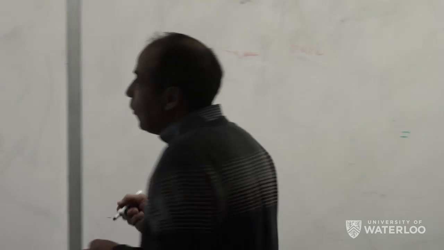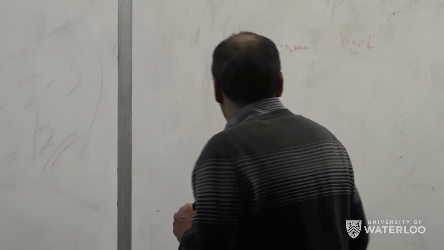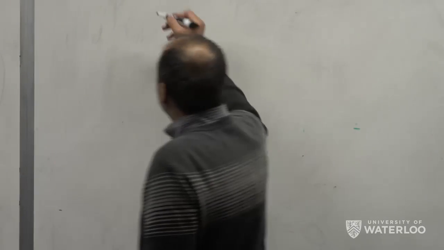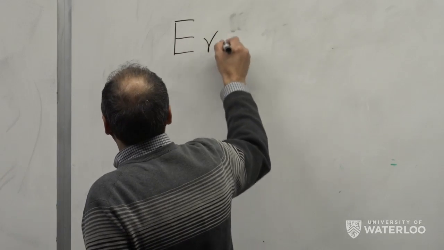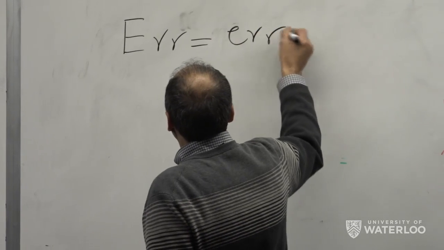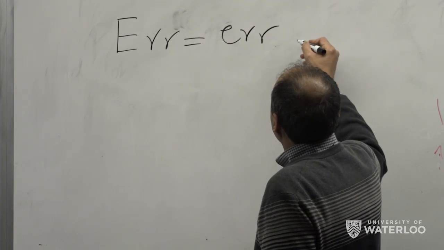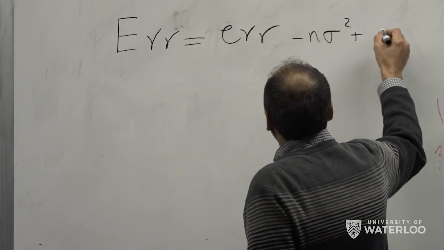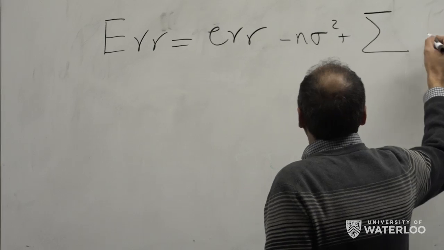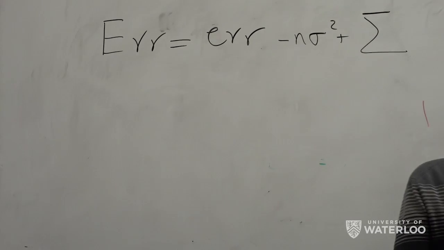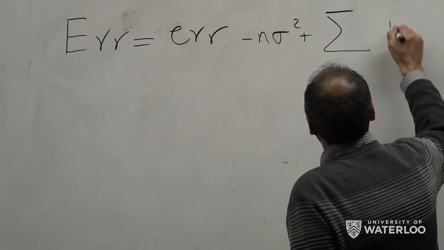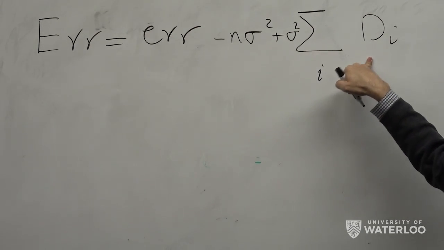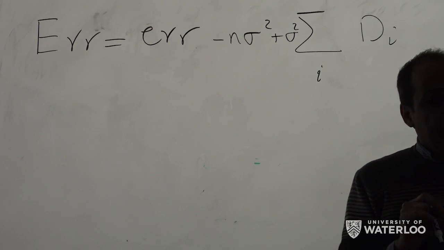So the form of SURE, if you remember, was that the true error was the empirical error minus a constant plus a term, such that this term depends on the complexity of the model.